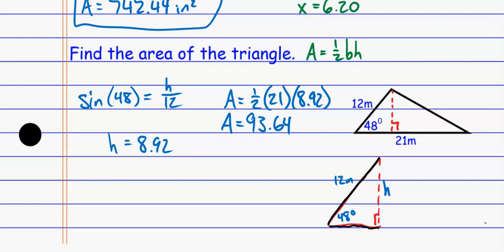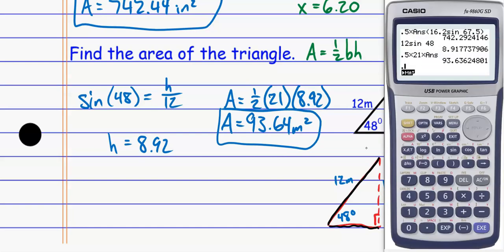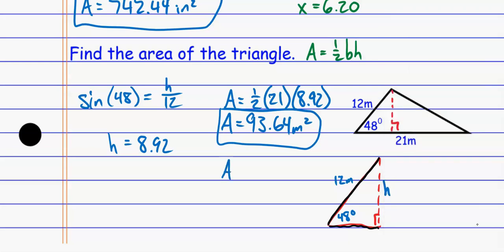And again, that was me using the exact value for the height, and that's square meters. If I used the rounded off answer instead, ready, 0.5 times the 21. Oh, I missed the 0.5 here. Times the 8.92 instead. Notice it gives me a 93.66 instead, which would be a perfectly acceptable answer here as well, okay?